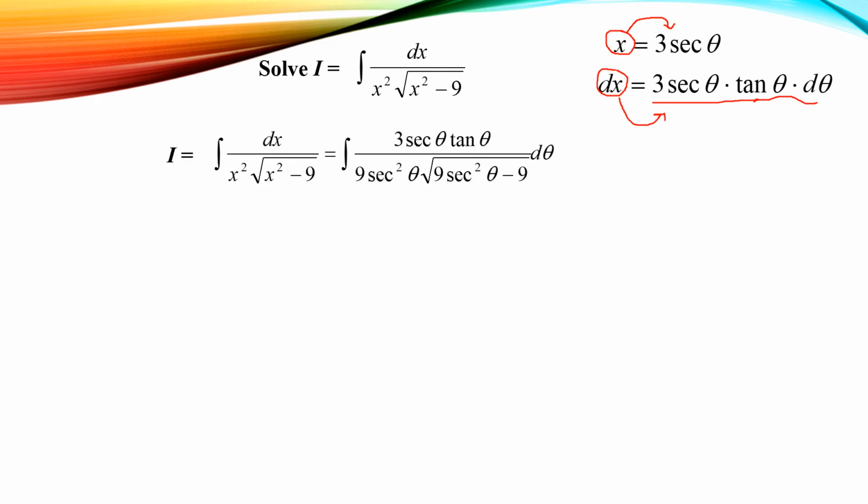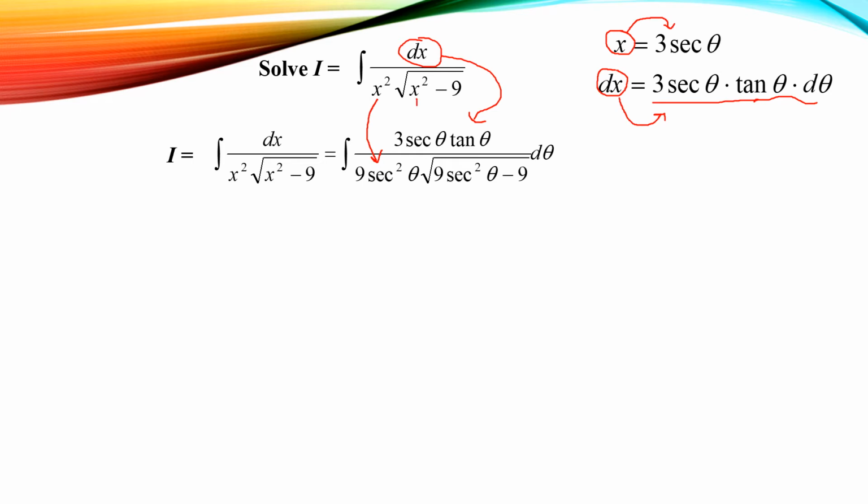If we do that substitution, the dx in the numerator becomes 3 secant theta tan theta d theta. The x squared, when you square x, becomes 9 secant squared theta.